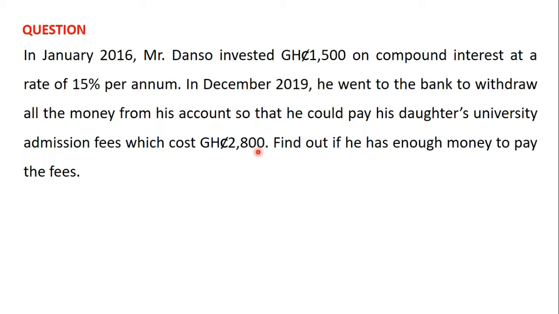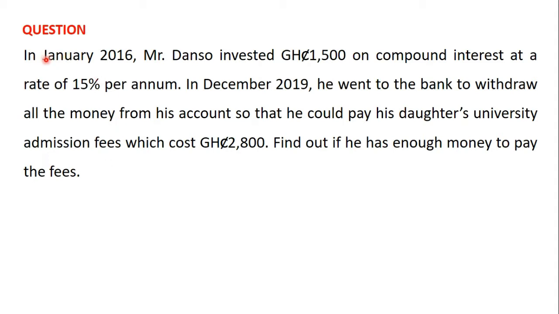To do that, we will have to calculate the amount of money in his account at the end of December 2019. If that amount is less than 2,800 Ghana cedis, it means that he does not have enough money. But if it is more than or equal to 2,800 Ghana cedis, then it means that he has enough money to pay the admission fees.